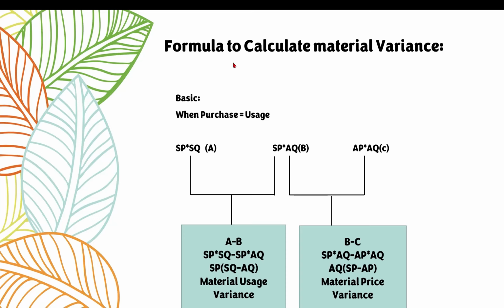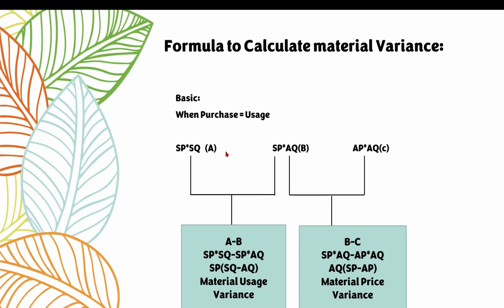So this is the first case, where purchase is equal to usage. That means there will be no closing stock, right? In that case, what we need to do is, first of all, write down SP, SP and AP, then SQ, AQ and AQ. See, the first two will be SP, SP, and the last two will be AQ, AQ is the same, and here SQ and AP are different. So you need to remember this chain. The difference of the first two is your material usage variance.